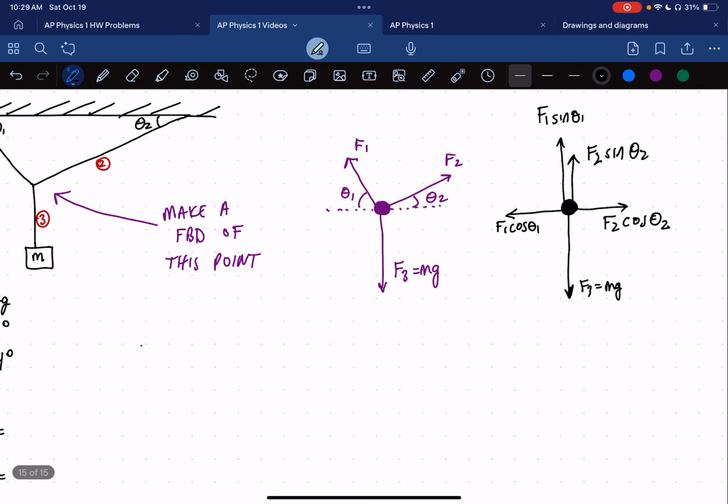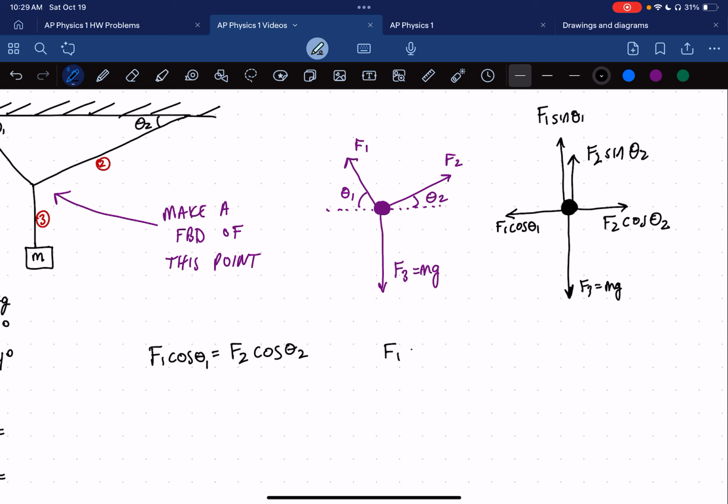Let's not write that. Let's just write F1 cosine theta is equal to F2 cosine. That's theta 1, this is theta 2. We have to include the subscripts. Okay. Now let's do our vertical force and components here.